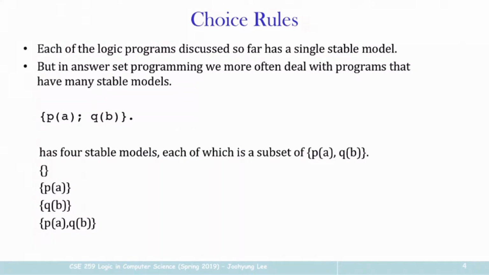The second one, you choose P of A but do not choose Q of B. The third one is you choose Q of B but do not choose P of A. The fourth one is choose both of them. These are all the possible choices. And when you see this, you should know by now that there are 2 choices for this, 2 choices for this, and 2 times 2 is 4. There are 4 choices possible. Okay?